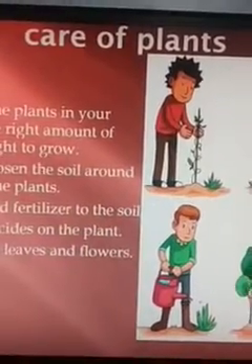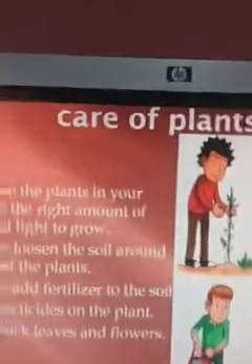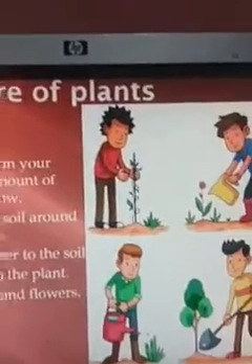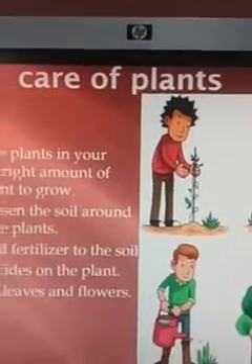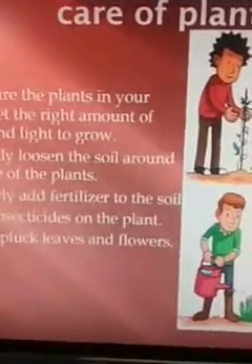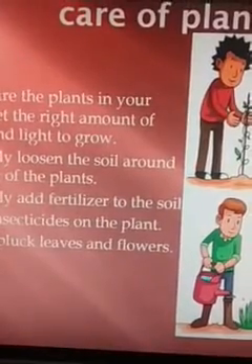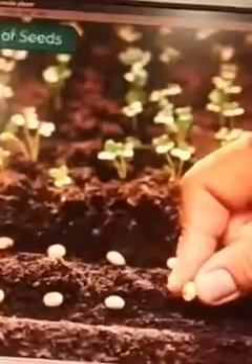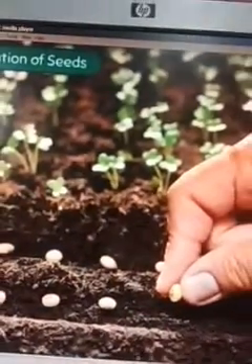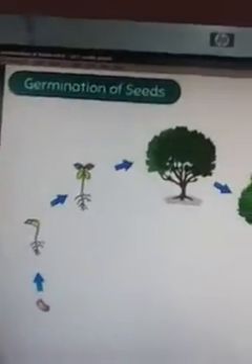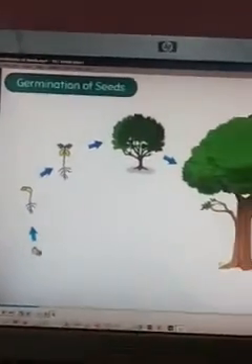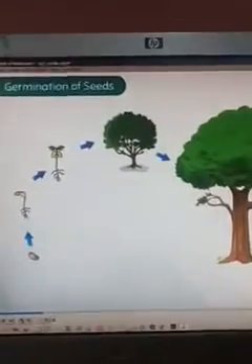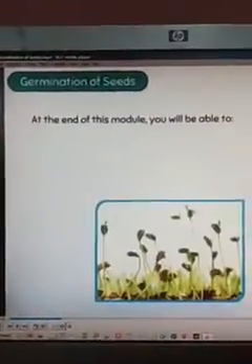So, as I told, when a seed comes in contact with the soil or mud, it starts growing. How will it start growing, children? I have a short video. I'll show that and explain. See here, children. This person is sowing a seed. After sowing the seed, the plant will grow. So how will it grow?